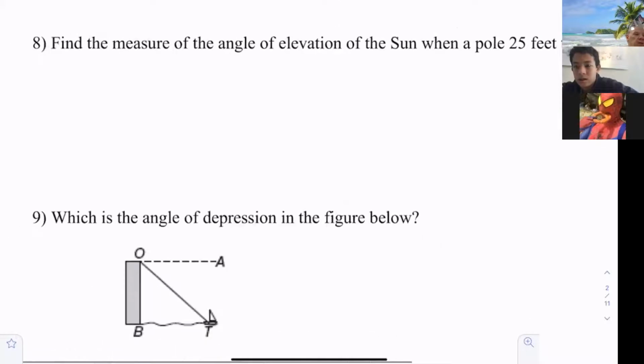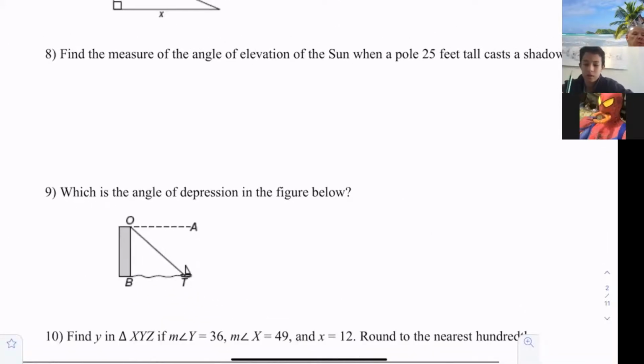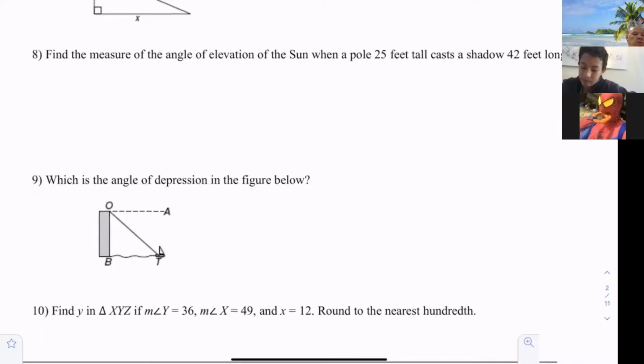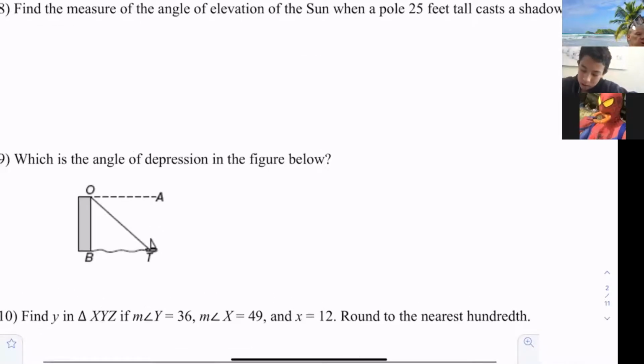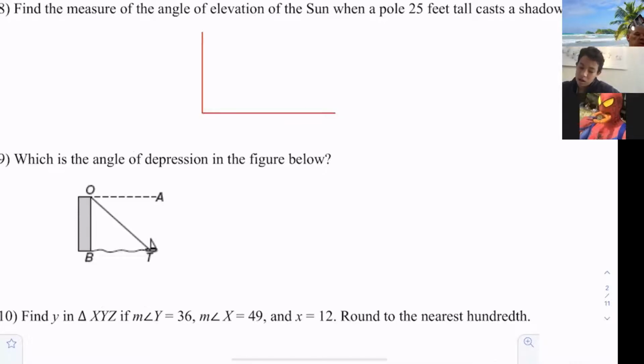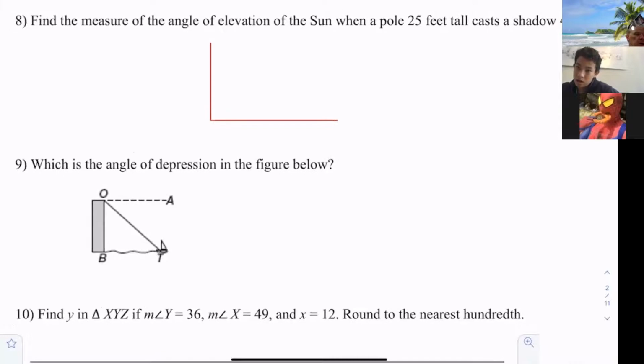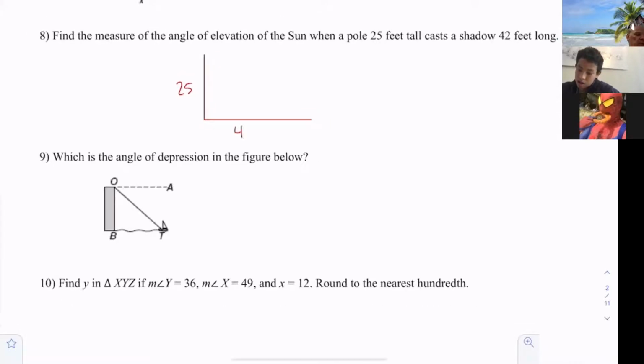Find the measure of elevation of the sun when the pole 25 feet tall casts a 42-foot shadow. So just to make sure, here's a pole, and this is the shadow that it makes. The pole is 25 feet tall, and it casts a shadow 42.